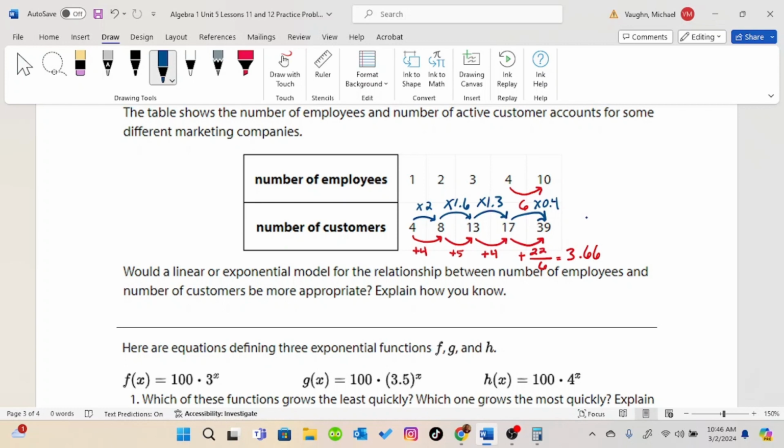So this actually fits a linear model closer than it does an exponential model, because we're closer to adding by the same amount than we are to multiplying by the same amount.